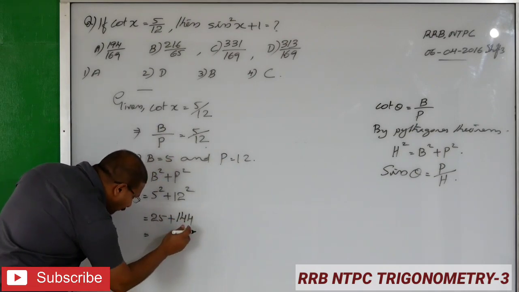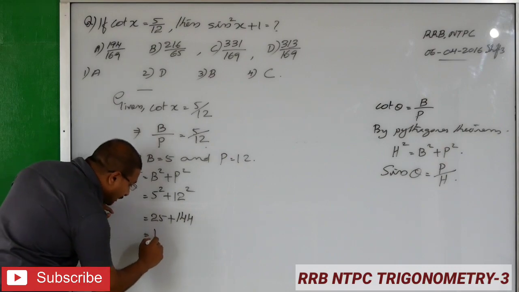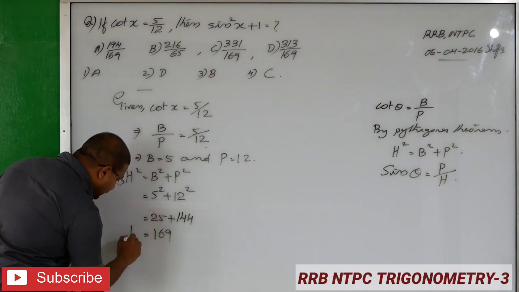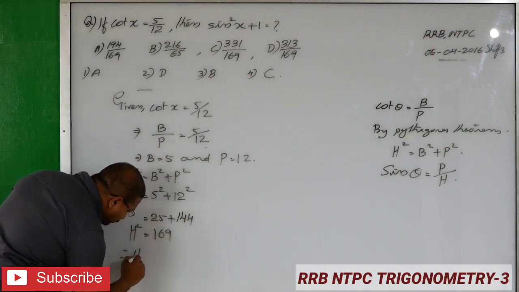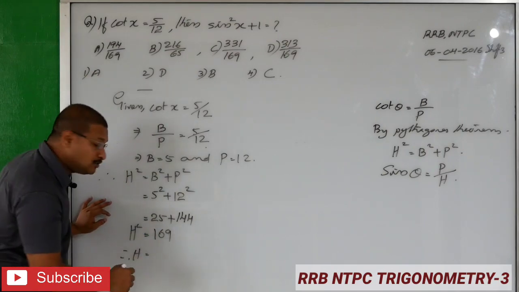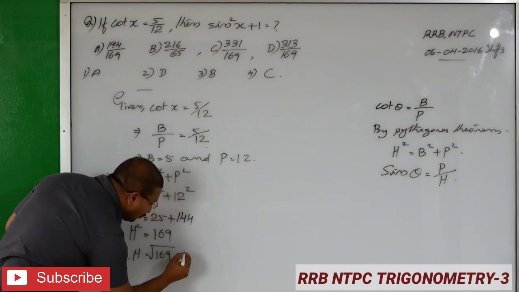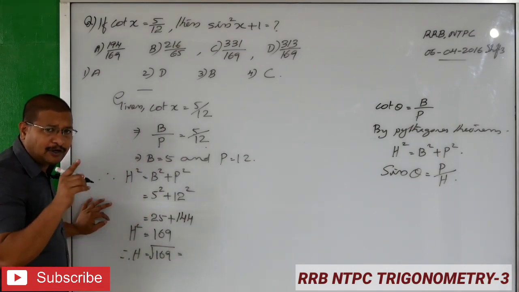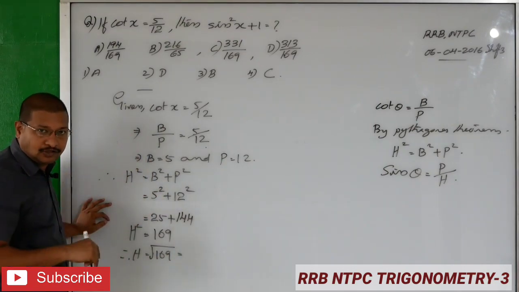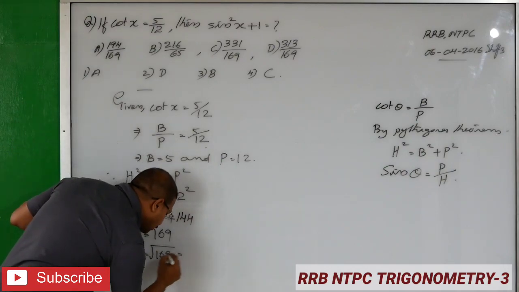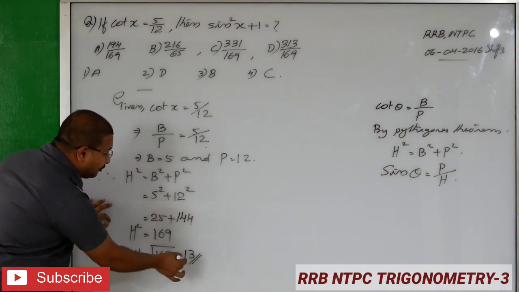Now 144 plus 25, you will get 169. That is hypotenuse square. Therefore, hypotenuse equals square root of 169. Square root of 169 means 13, because 13 into 13 is 169. That means we got the hypotenuse.